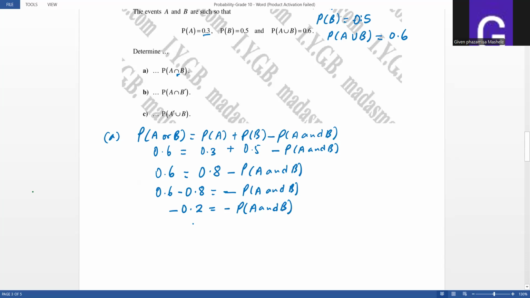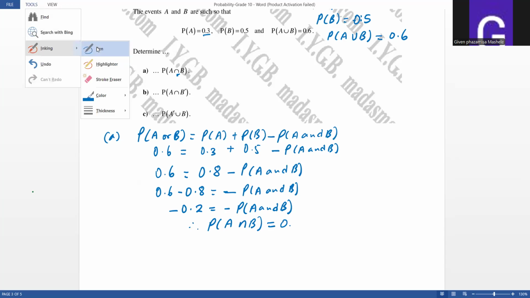So it means the probability of A and B is actually 0.2.